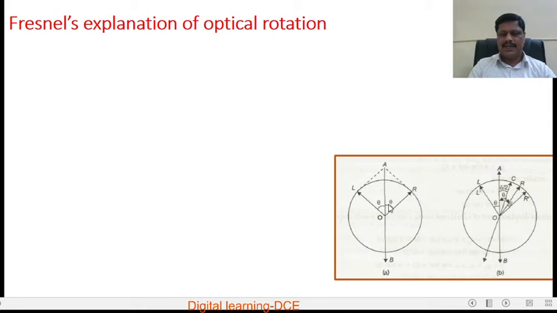This is the optic axis. The vibrations rotating in the clockwise direction are represented by OR. The vibrations rotating in the anti-clockwise direction are represented by OL. The resultant at all instants of time is along OA, which is along the optic axis only, for a calcite crystal.